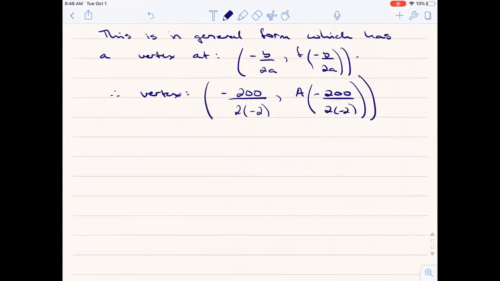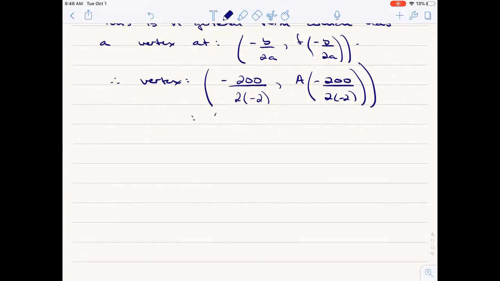So negative 200 divided by negative 4, that puts me at 50, and A at 50.